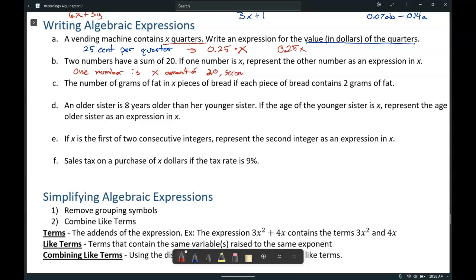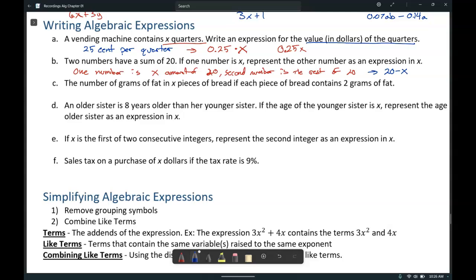Our second number is the rest of 20 when we take out the first number. So our expression will be what happens when we take out x from 20.